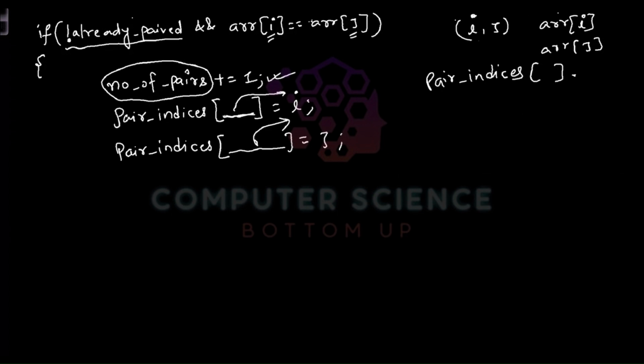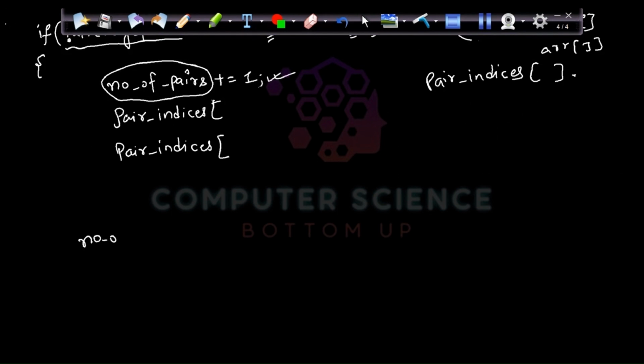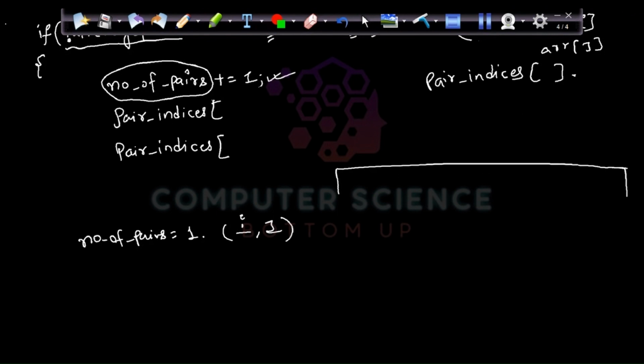If an index has a match, it will not be involved in a match with two other indices. It will always be involved in a match with one index. Number of pairs equal to 1 means you got two indices, let's say i and j. And this is your pair indices array.